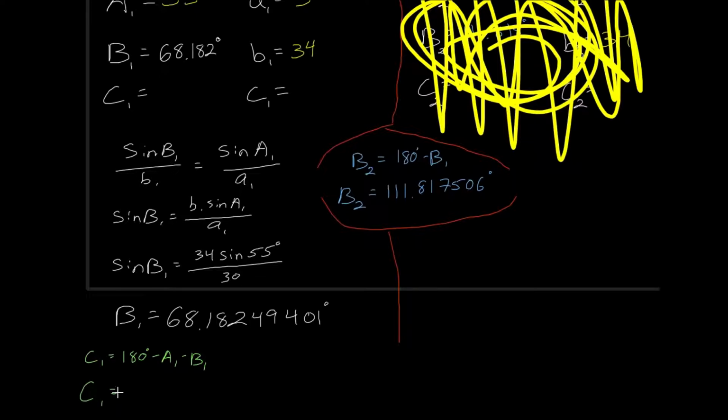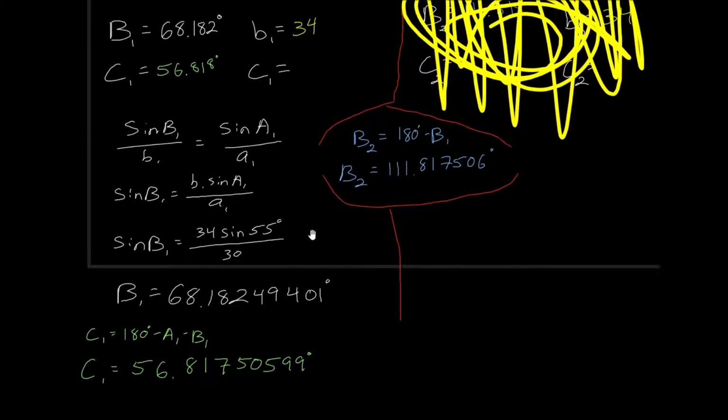So angle C1, once you plug it into your calculator, will be 56.8175. My board freaked out on me a little bit. So with rounding, it'll end up as 56.818 degrees.